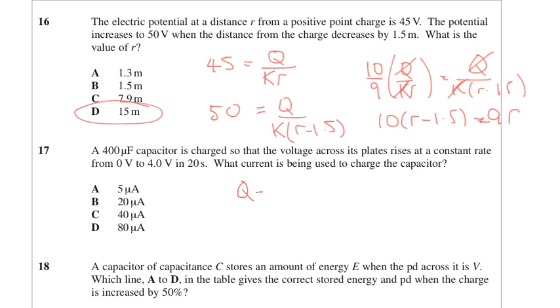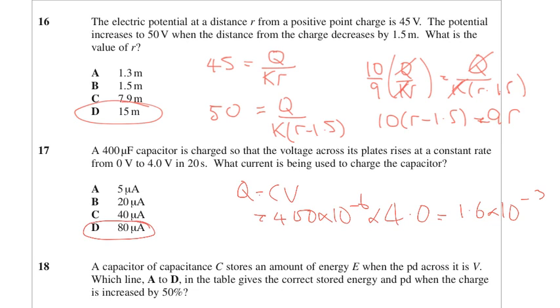So Q would be CV, which is 400 times 10 to the minus 6 times 4, which is 1.6 times 10 to the minus 3. So that's your charge divided by time should give you the current, which is 8 times 10 to the minus 5, or 80 times 10 to the minus 6. So answer D there.